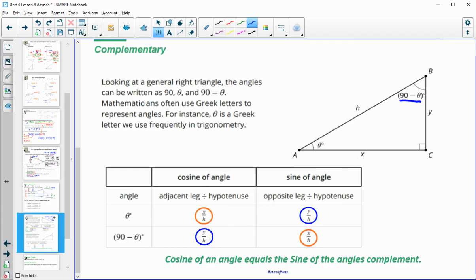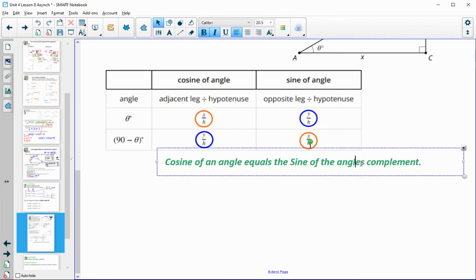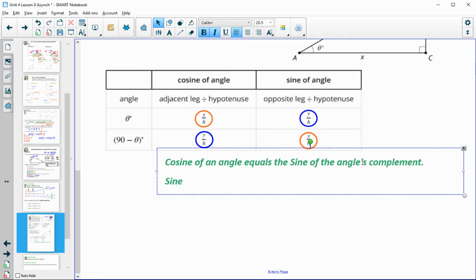If you wanted to write that out in a sentence instead of all of these symbols, what that's saying is cosine of an angle equals sine of the angle's complement. And vice versa, sine of an angle equals the cosine of the angle's complement, meaning the angle that adds to 90 with it.